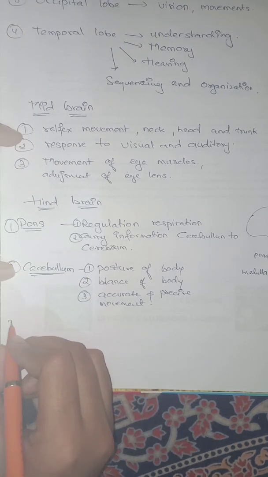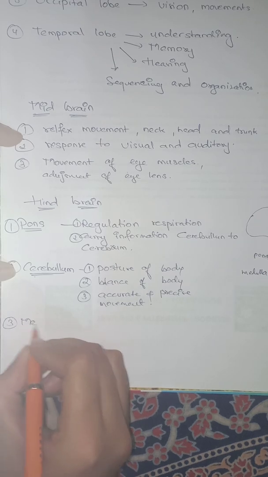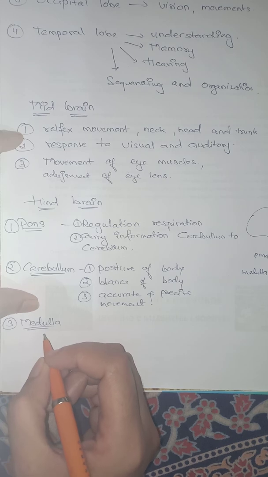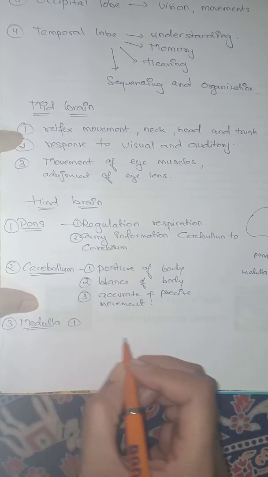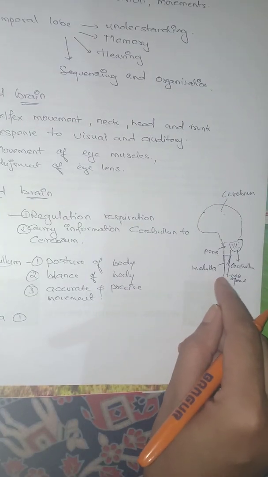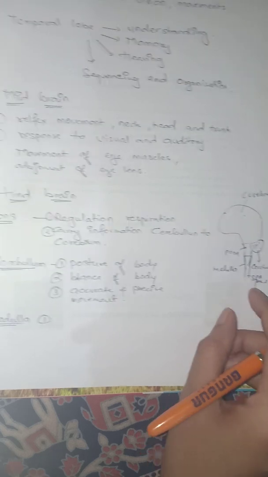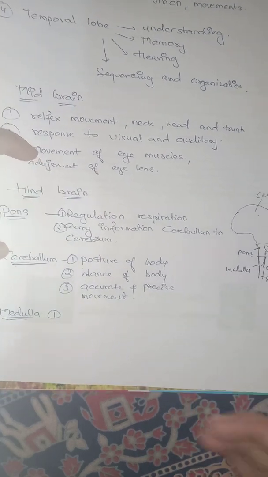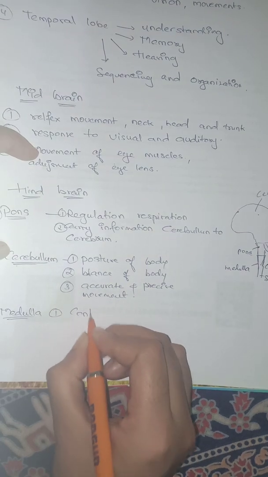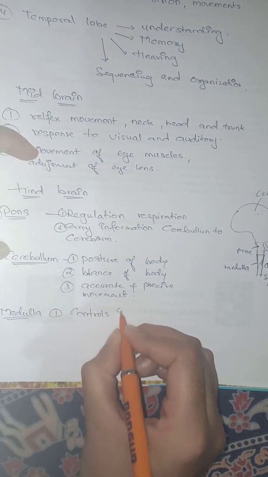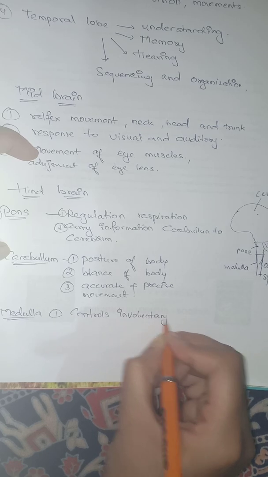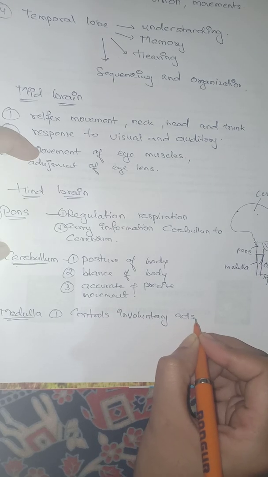And the last and the third one is the medulla, that is medulla oblongata. The first function of the medulla, if you can remember, the club shaped part at the lower end of the brain, is that it controls involuntary actions.